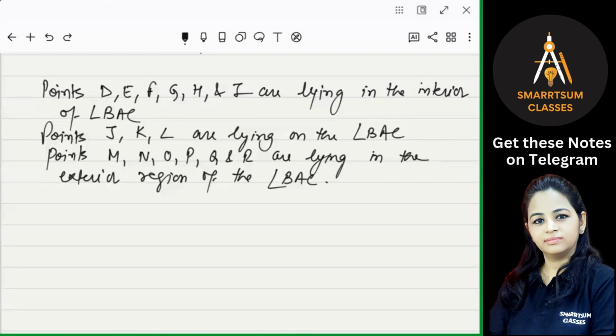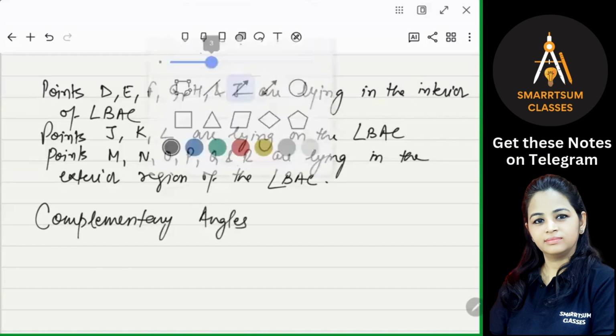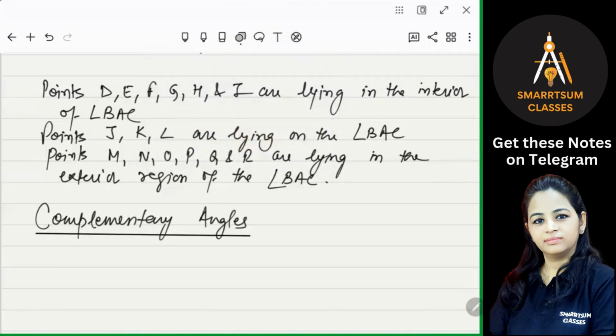Now, what are complementary angles, right? Put the heading: Complementary angles. Can you tell me what are these? Two angles are said to be complementary if the sum of their measurement is 90 degree.